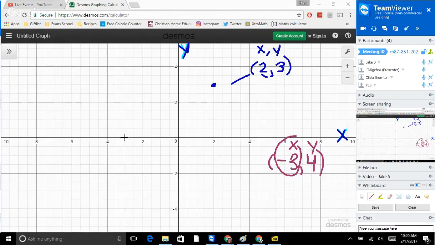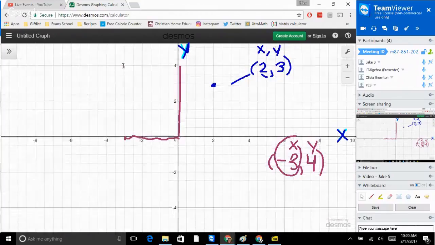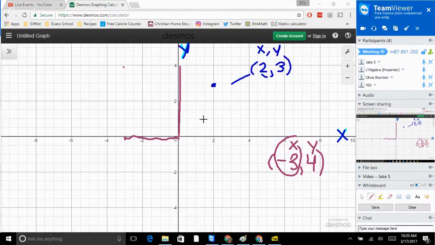So my x is at -3, which is right here. You always start at 0, and you're going to -3. And my y is at +4, so +4 is up this way. So this coordinate, (-3, 4), would be right here.